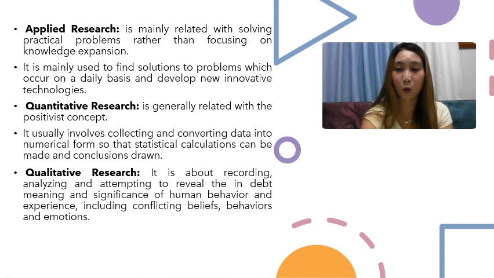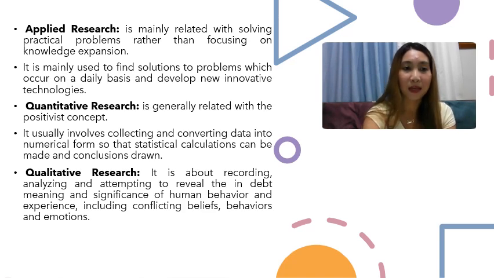best to motivate workers. Next, we have quantitative research. It's generally related with the positivist concept. It usually involves collecting and converting data into numerical form so that statistical calculations can be made and conclusions drawn.